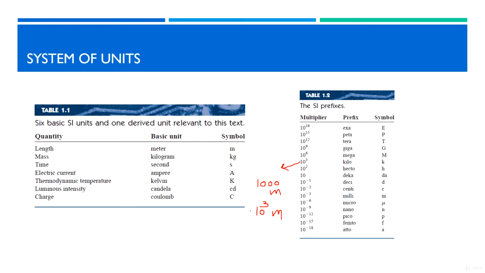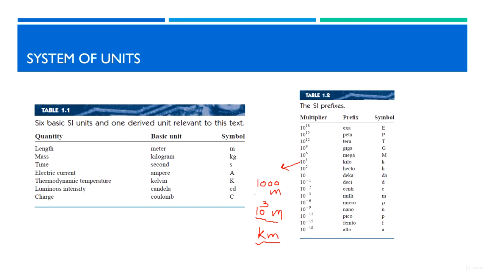So 10 power 3 can be replaced by kilo, which has a symbol K. So instead of writing 10 power 3 m, we can say km, which is the kilometer. K here represents the 10 power 3, which represents the 1000.